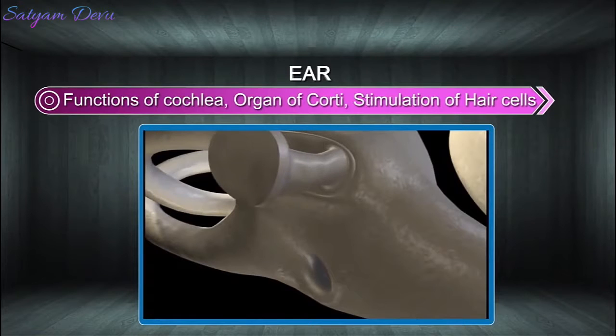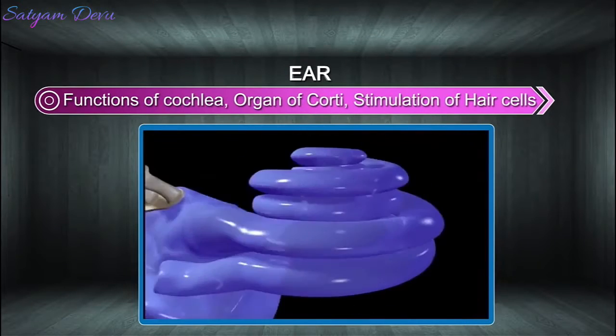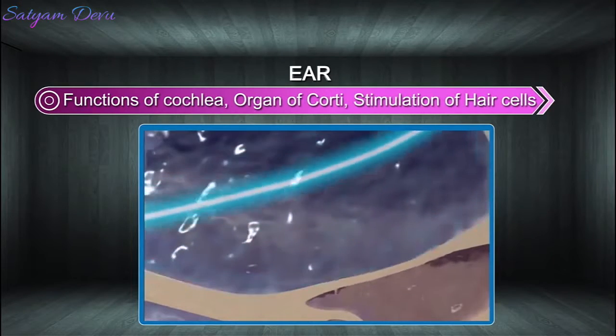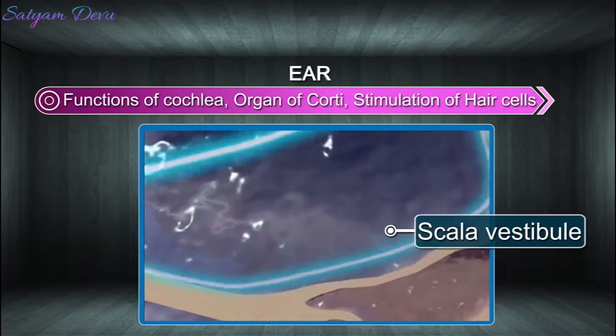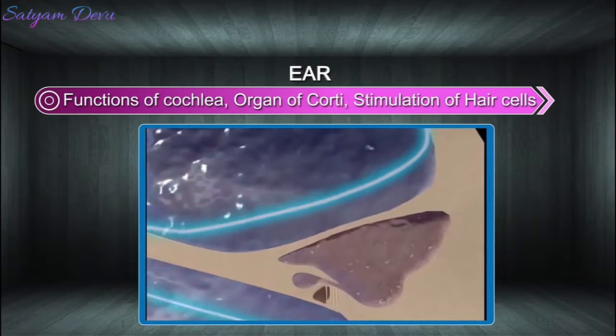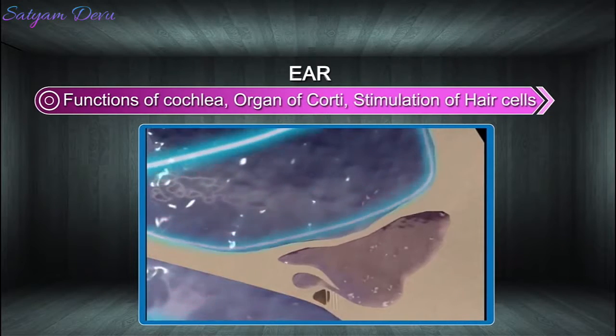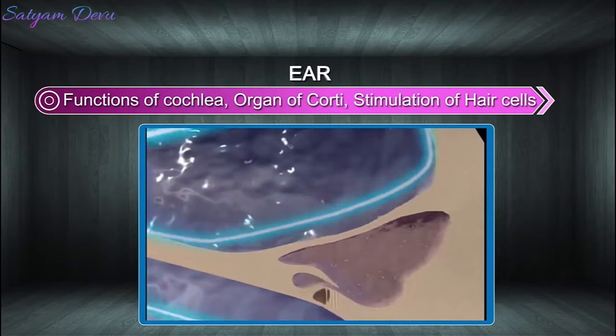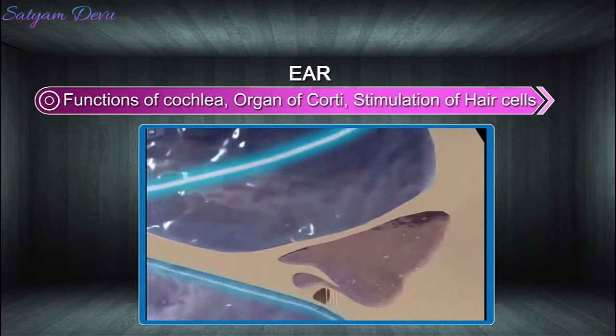When the foot plate of the stapes move, it sets up a series of waves in the perilymph of the scala vestibule. This in turn vibrates the vestibular membrane and hence the endolymph in the scala media.